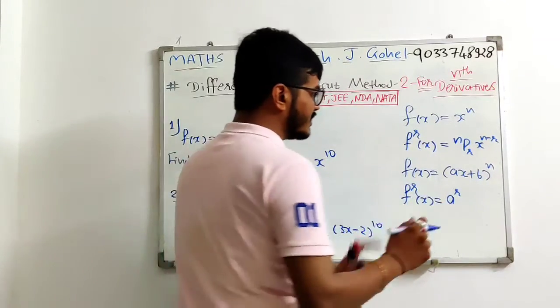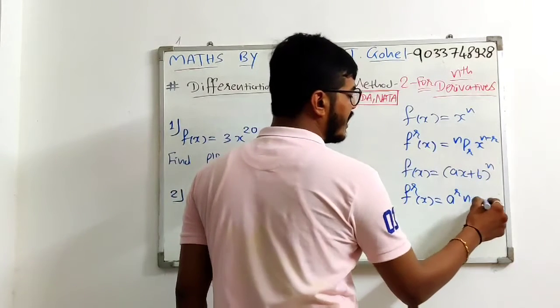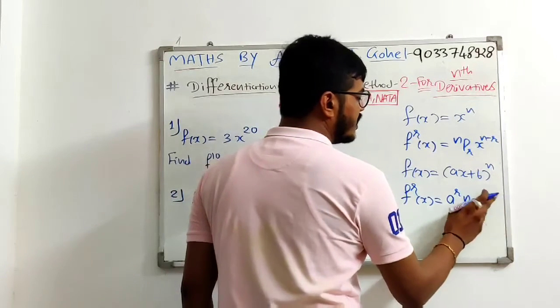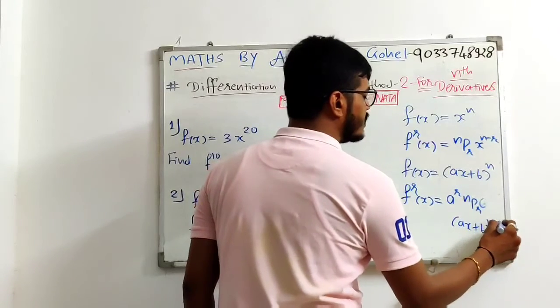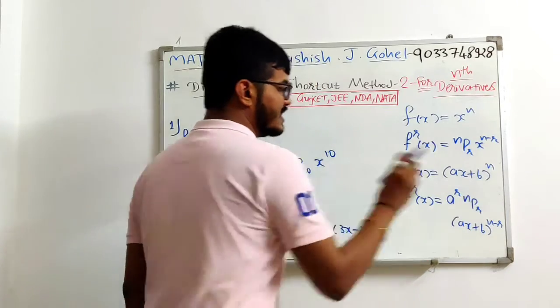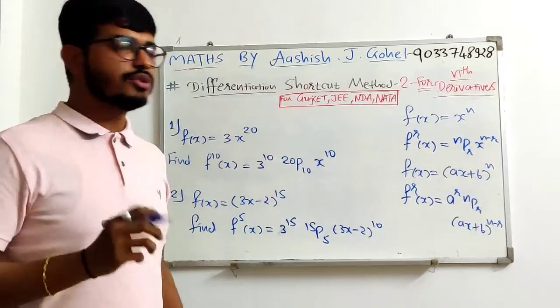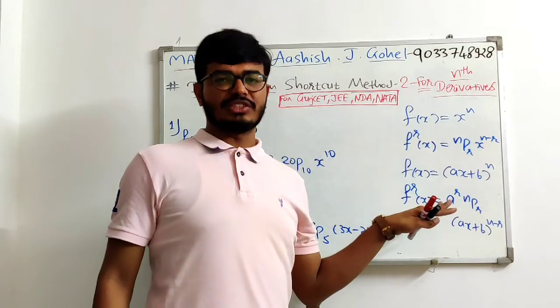Then again we follow the same procedure, nPr, and this whole expression (ax plus b) raised to the subtraction of these two numbers. So this is the shortcut formula to find the derivative of this kind of polynomial function.